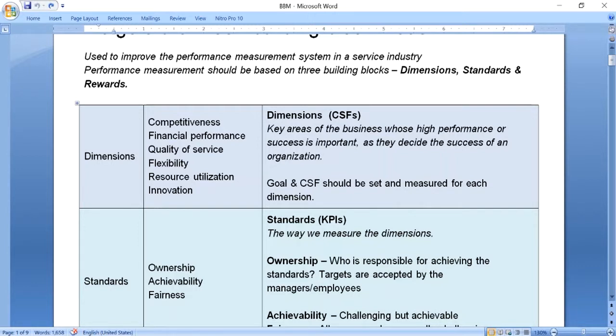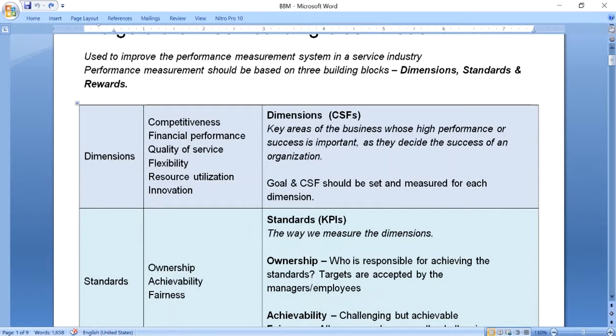So first thing, what is a dimension? Now dimensions, when you are thinking about dimensions, you should think about critical success factors. So dimensions are the key areas of the business whose high performance or success is important as they decide the success of an organization. Because these dimensions are the key areas, and if you can be successful in those key areas, ultimately your business will be successful.